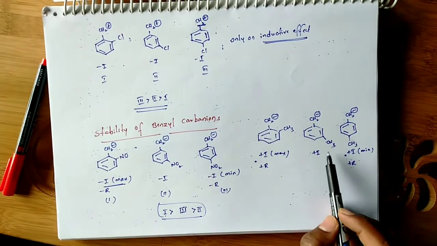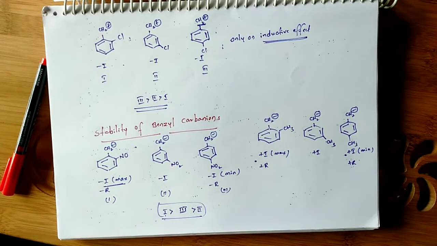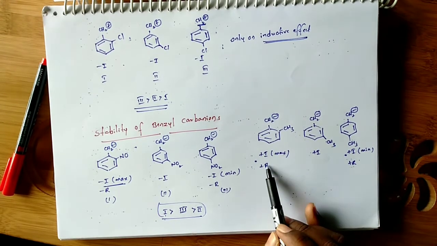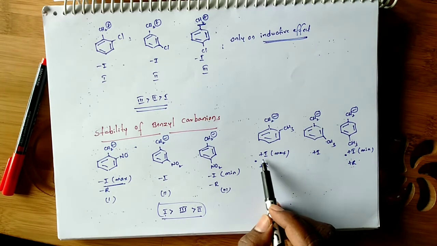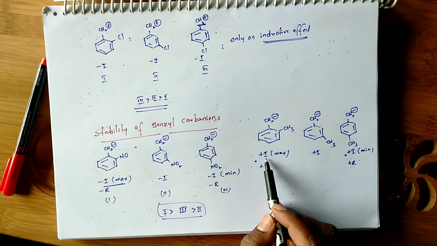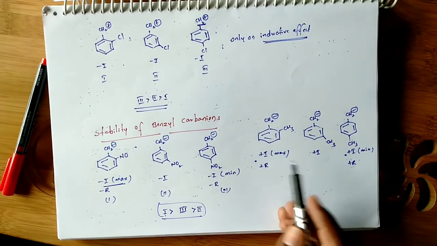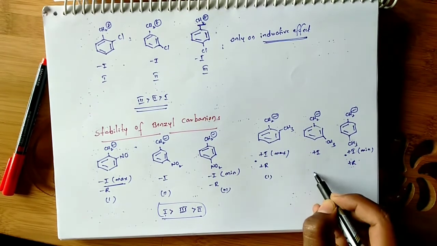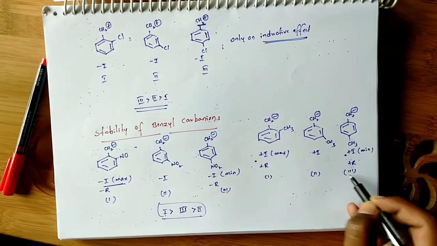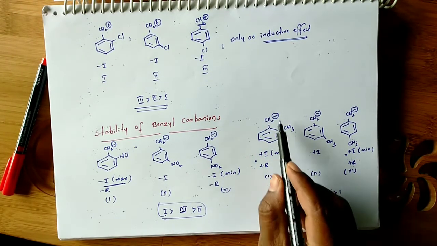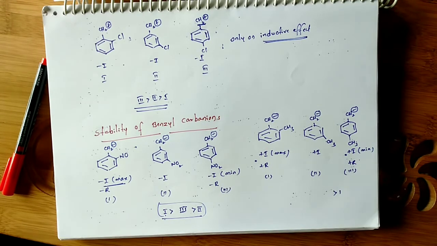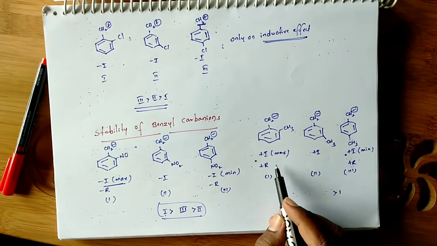As it is a plus I plus R group, it is destabilizing, right? Here two effects are destabilizing, and here two effects are destabilizing, but the destabilization is more here because my plus I effect is maximum. So this must be the least stable, because two effects are destabilizing the carbanion.